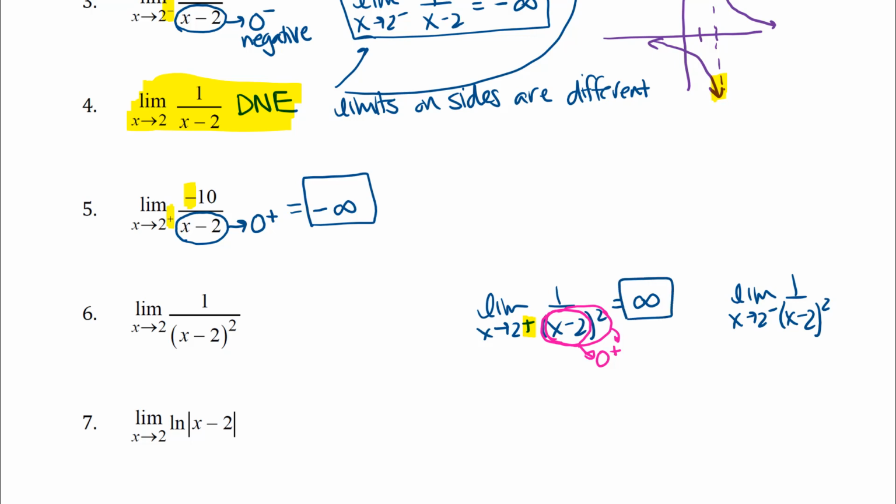Okay, for the other side, as I approach 2 from the left, so I'll have values that are slightly less than 2. So the expression inside the square here will be approaching 0 from below. So those will be close to 0 but negative values. But then when I square it, I will get values that are close to 0 but positive.